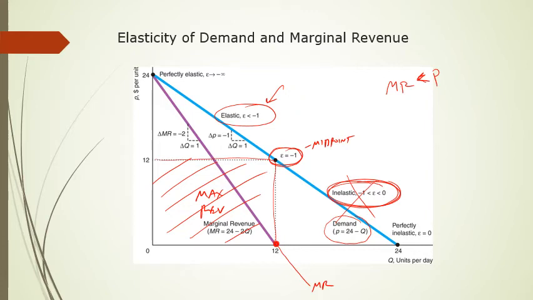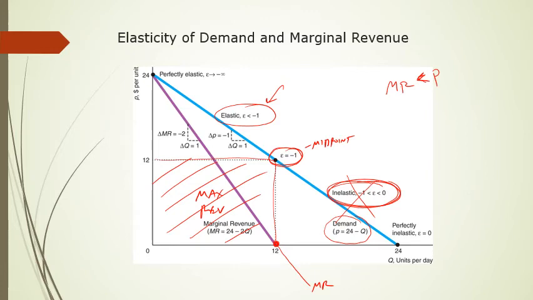Notice that for units before 12, when I increase quantity sold and drop the price, I end up increasing revenue because we're in the elastic portion of demand. And then once I hit that MR of 0, I've maxed out my revenue. The last unit provides no additional revenue. Any further attempts to increase sales and drop the price get us into the inelastic portion of demand, and that's where we lose revenue.